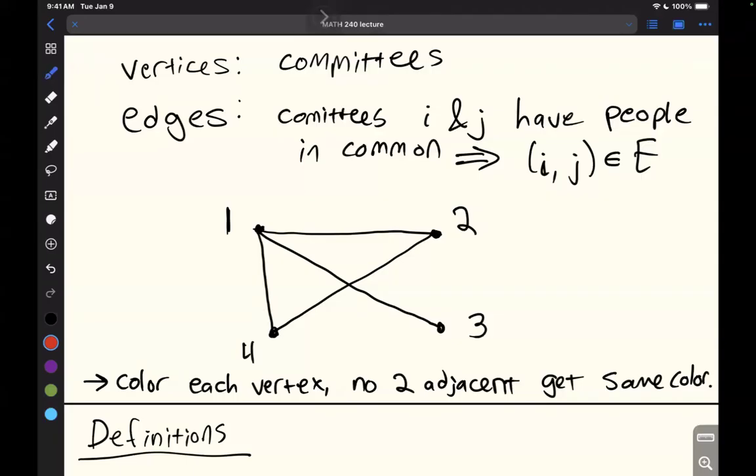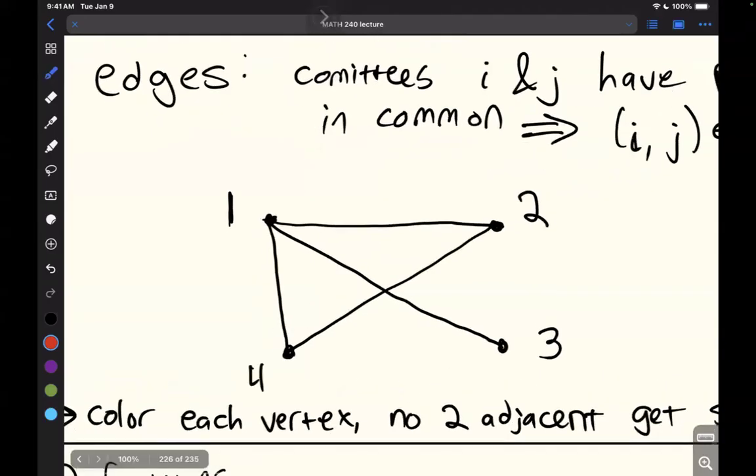I'm going to start with 1, and I can color 1 red. Once I do that, that means that 2, 3, and 4 cannot also be red, because they are all adjacent to 1, and so they cannot be the same color.